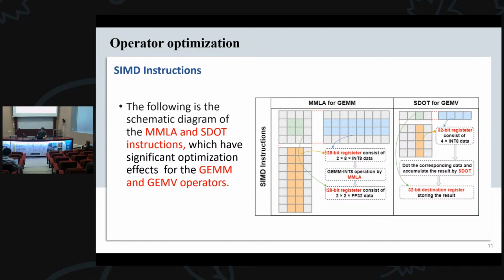The following is the schematic diagram of the matrix multiplication array and the signed dot product instructions, which have a significant optimization effect for the GEMM and GEMV operators we mentioned before, because GEMM and GEMV occupy a large proportion of all operators.